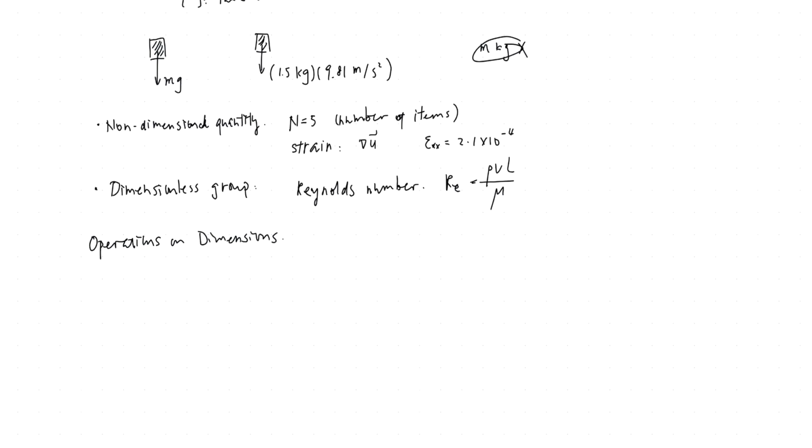For example, when we talk about acceleration, A, we know that the dimension of A is length over time squared. And when we write this, we are actually using division. We operate the division on dimensions. So that's what we mean. We can operate on them in a similar way to how we do algebraic symbols.